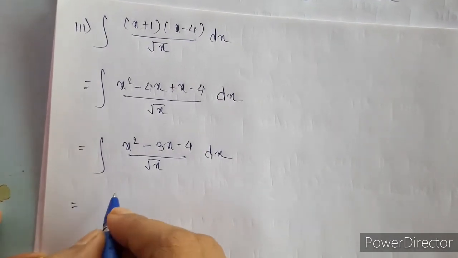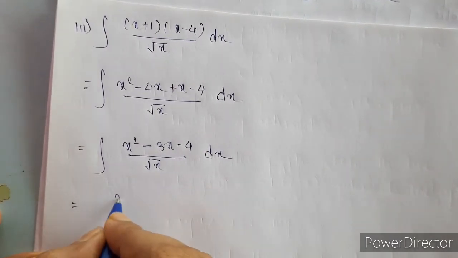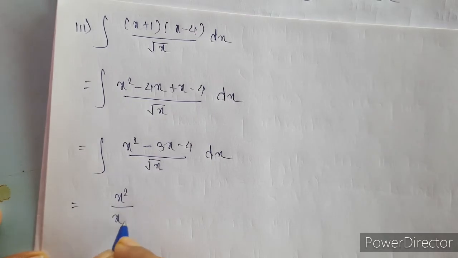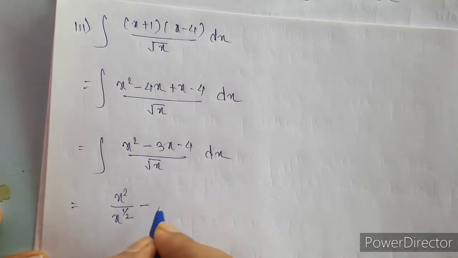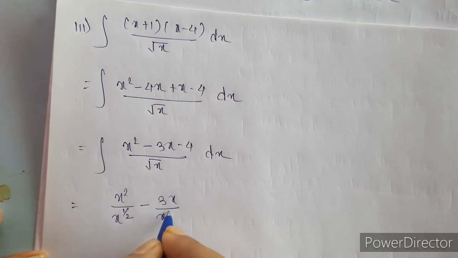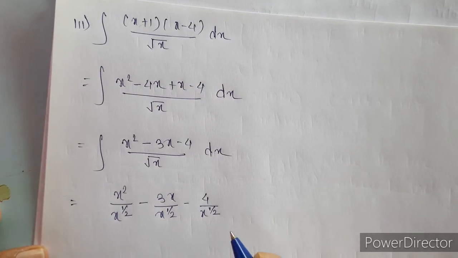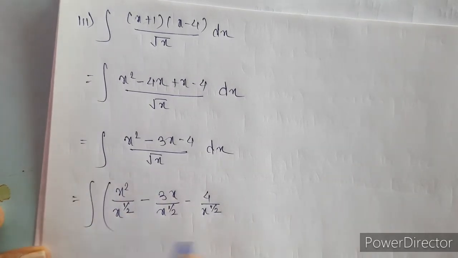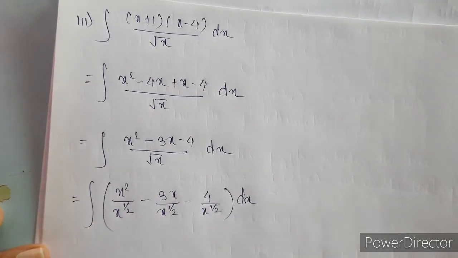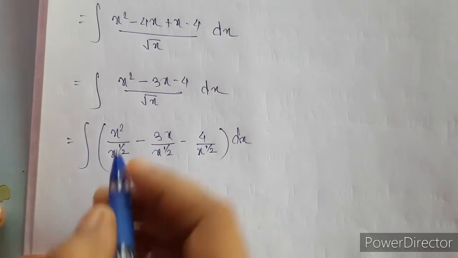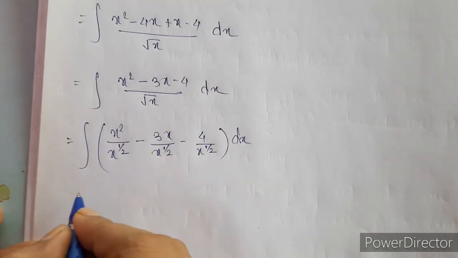Again we can write this as x square by x half, root x is nothing but x half, minus 3x by x half, minus 4 by x half. Integral of this with respect to x. Now 2 minus half. Okay.